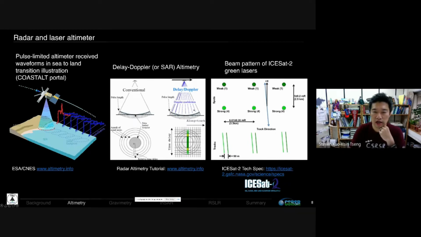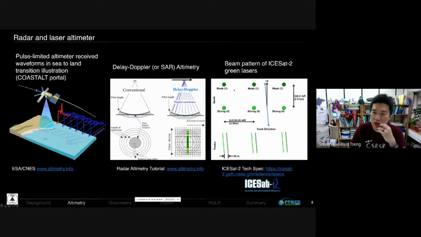As you can see on the last page, the Sentinel-3, Sentinel-6 series and the CryoSat-2 use this measurement. So we can push the measurement toward the coastline better than the conventional pulse-limited radar.